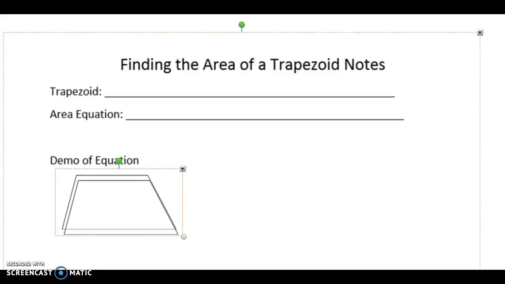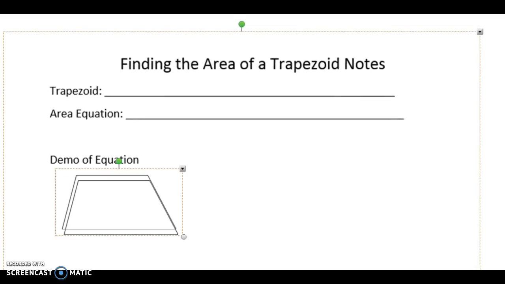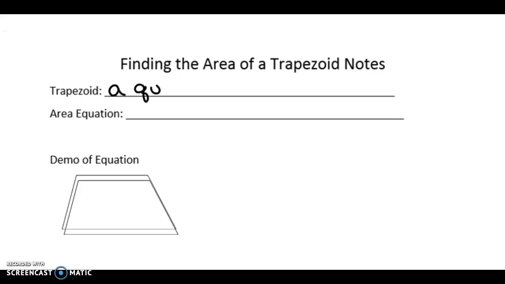Alright, these are our notes on trapezoids. The trapezoid is a quadrilateral, which means that it has four sides, with one set of parallel sides.